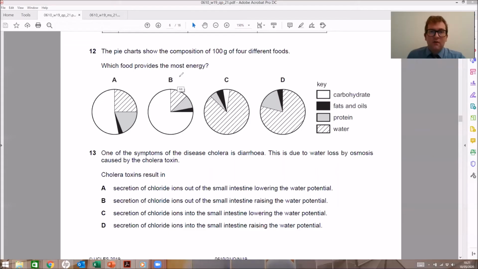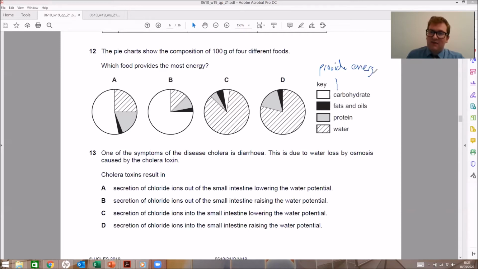Okay. So question 12, the pie chart shows the composition of 100 grams of 4 different food types. Which one provides the most energy? So you should remember from a balanced diet that carbohydrate's main function in the diet is to provide energy.